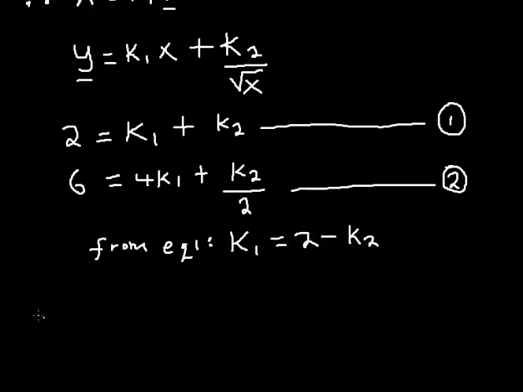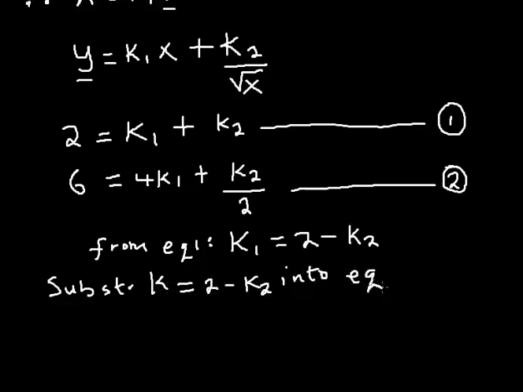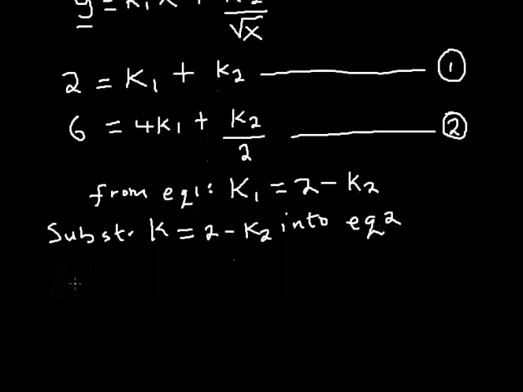So all I just need to do is to substitute k1 being equal to 2 minus k2 into equation 2. So any place I see k1 in equation 2, I put 2 minus k2.